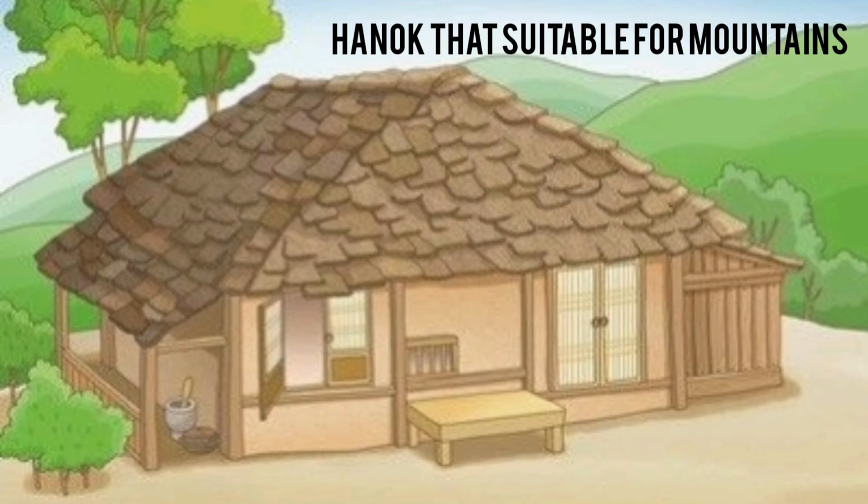This house is called Neowajip, and it is suitable for the people who live in the mountains. I'll tell you the reason. First, the materials of the hanok are wood and soil. The things that make up the roof are called neowa. The neowa is the substitute of kiwa.